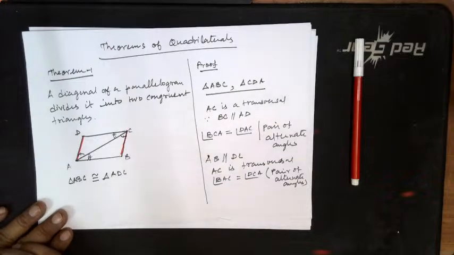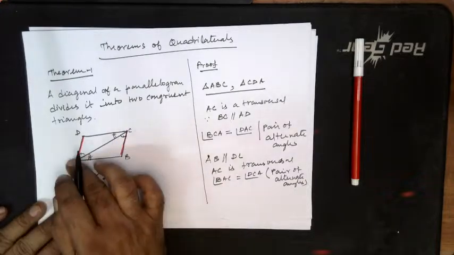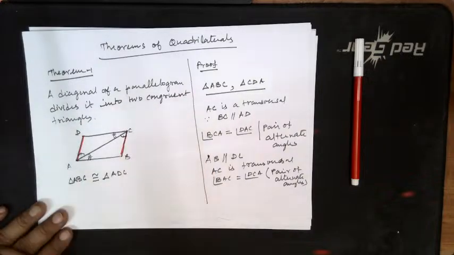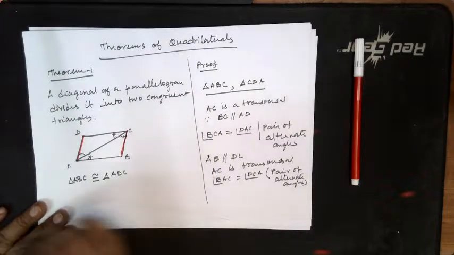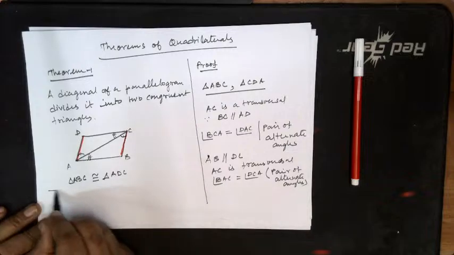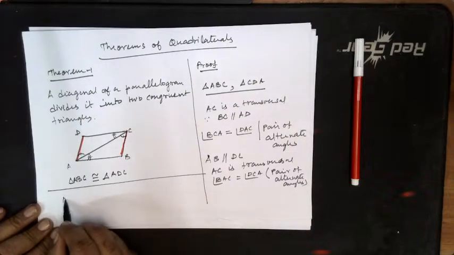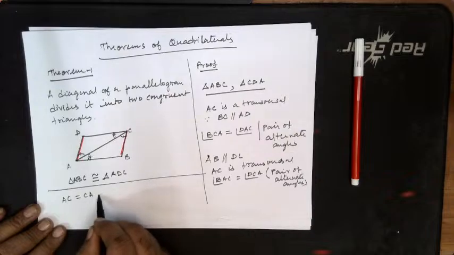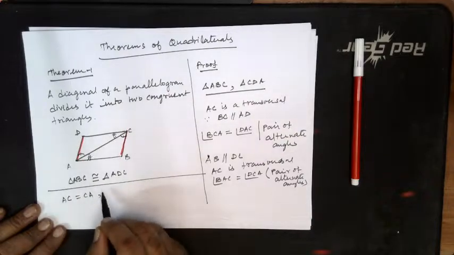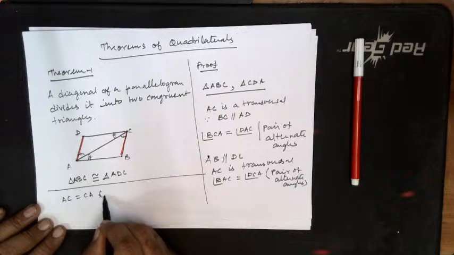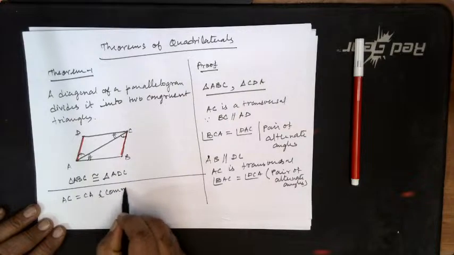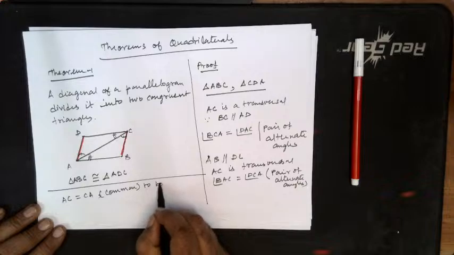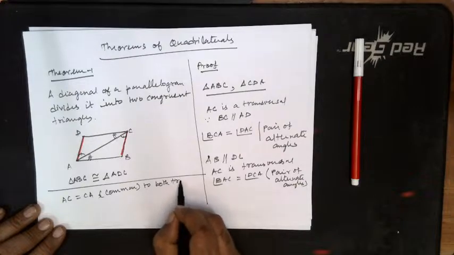Now in that case, AC is common to both triangles, is it not? Take down. AC is equal to CA, means they are common to both triangles.